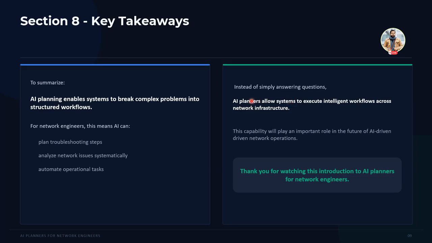Third, AI planners do not just answer questions. They execute intelligent, multi-step workflows across your network infrastructure. And fourth, when you combine planners with RAG and MCP, you get a genuinely capable AI operations assistant that can handle real-world network problems.